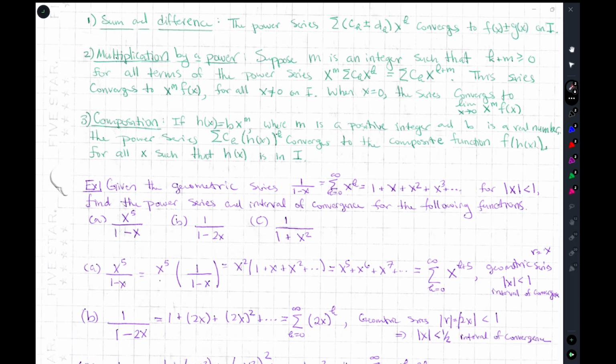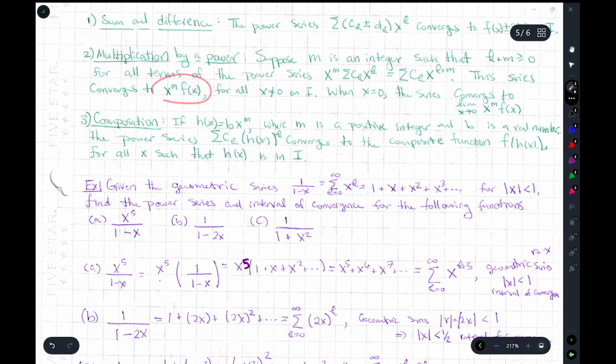And so as long as multiplying out this x^5 will not cause k plus m to be negative, which here it's not, this is a 5 here, then this should work.